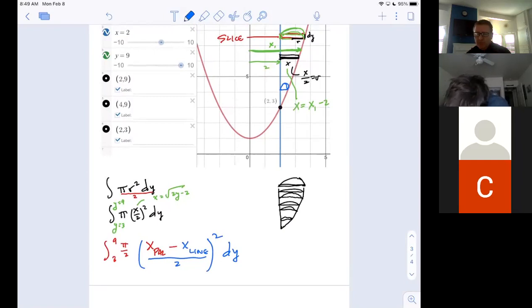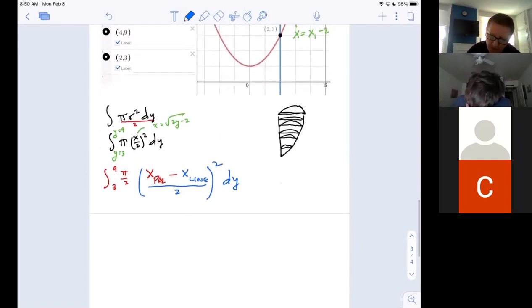So that square root expression, that's the x value of the parabola, right? That's exactly right. So then if I pull this pi over 2 out front, leaving 9 and 3 here, the x value of the parabola was the square root of 2y minus 2.